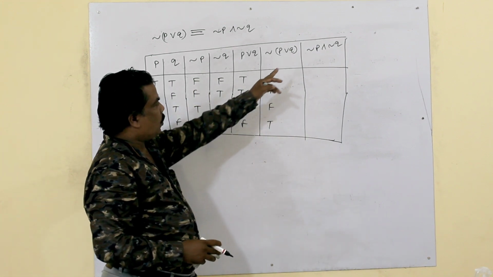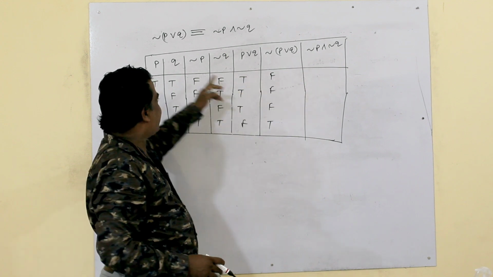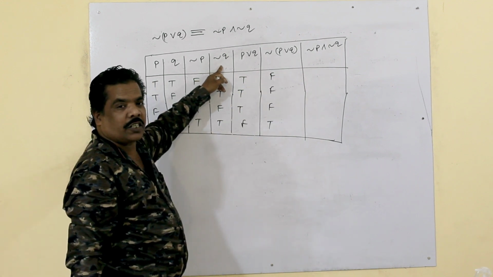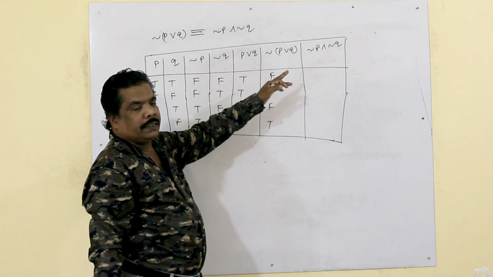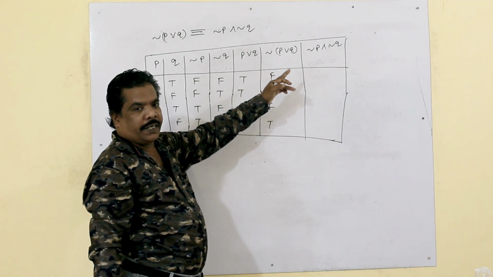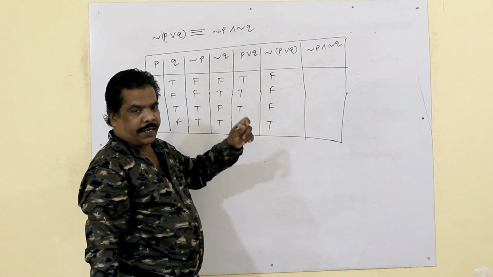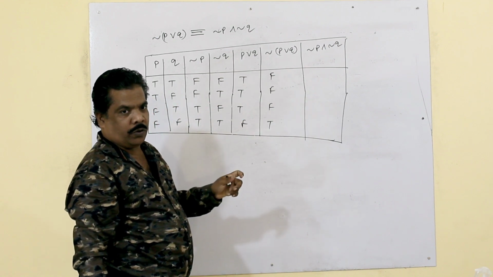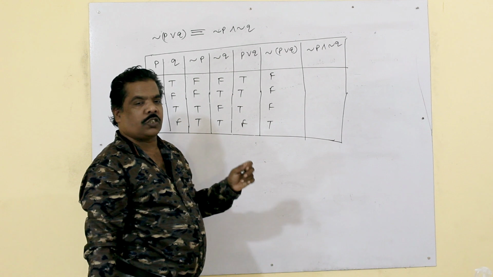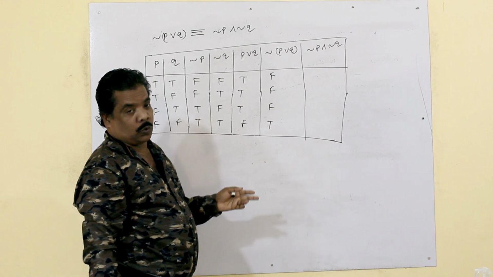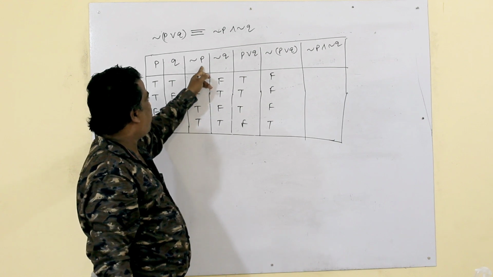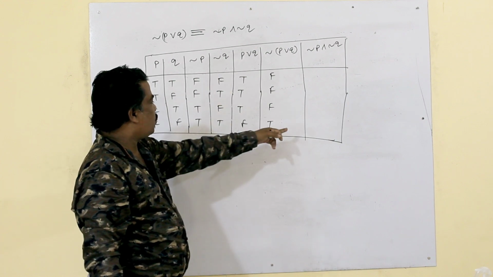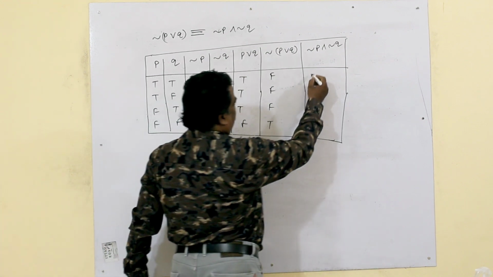And the truth value of negation P, disjunction, negation Q. In case of conjunction, the truth value of negation P and negation Q is true if both are true, otherwise it is false.